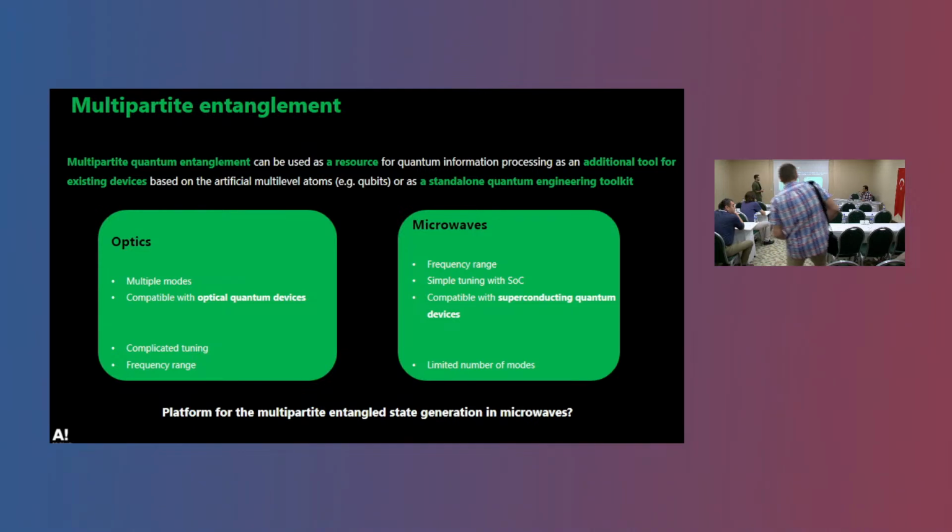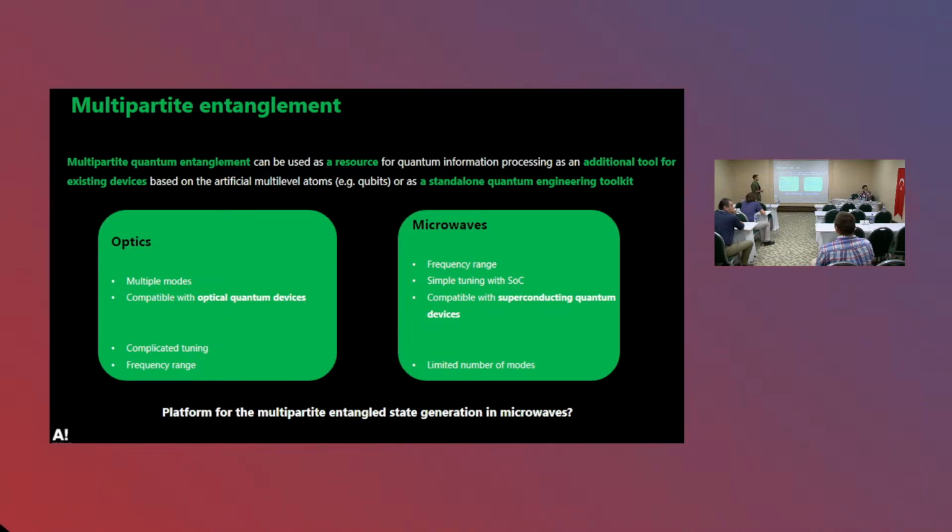So let's go deeper into multipartite entanglement. What can be done using entanglement in quantum technologies we're already well aware of, and multipartite entanglement is basically a resource that we can leverage for multiple applications such as computing, sensing, or communications.